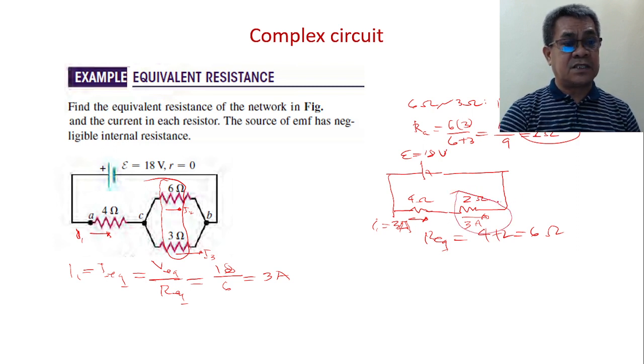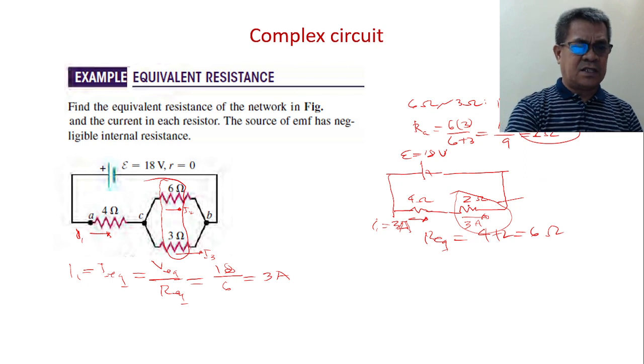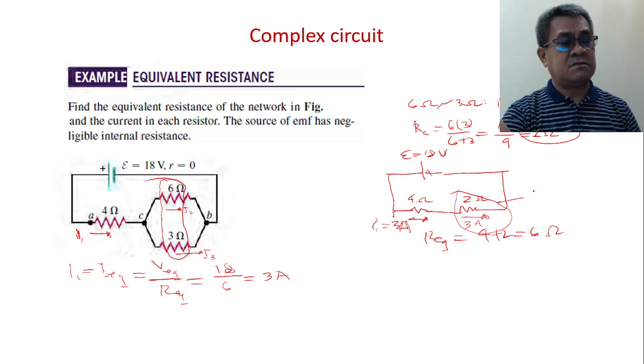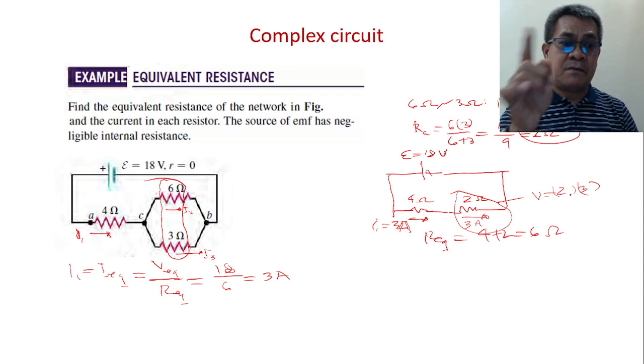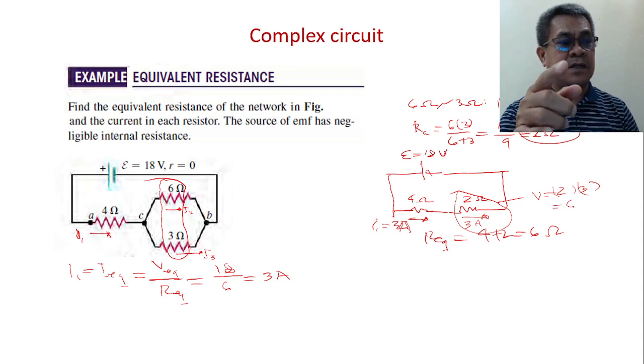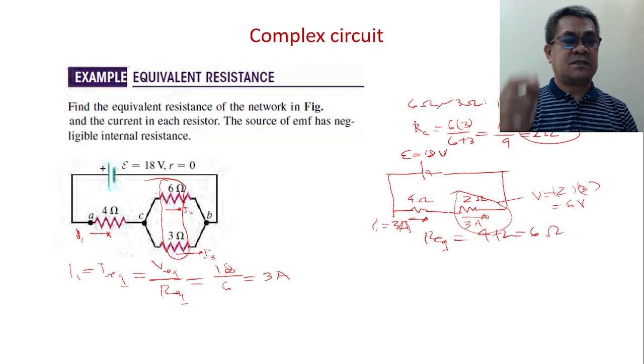Now, what is the voltage at the 2 ohms? Of course, in Ohm's law, voltage is resistance, which is 2 ohms, multiplied by current. The answer is 6 volts.